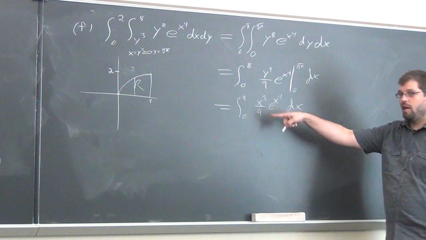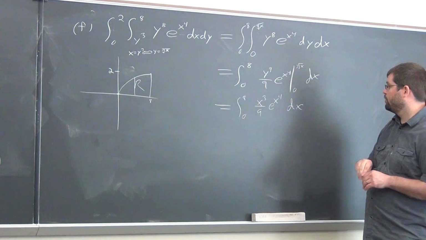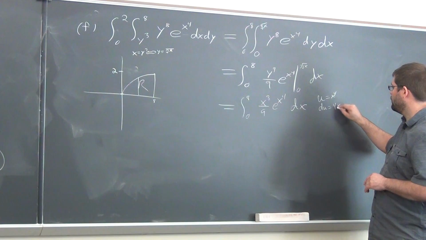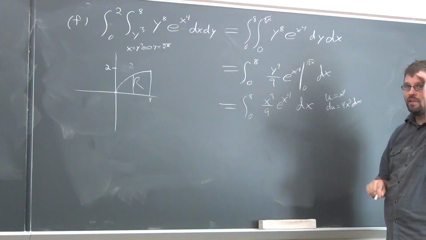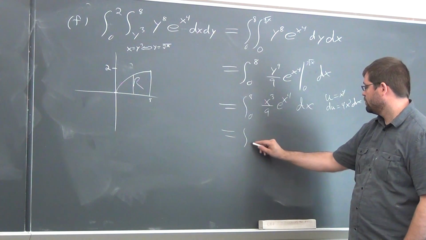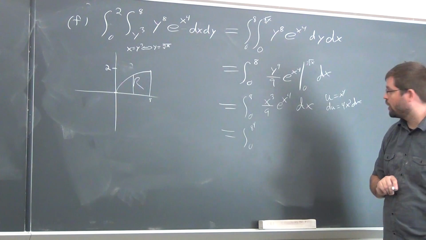So you get this, and now you're able to evaluate this by a substitution. You let u equal x to the 4th. du is 4x cubed dx, and so we get... I don't know what 8 to the 4th is, I'll just write it as 8 to the 4th.